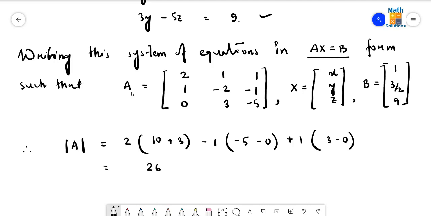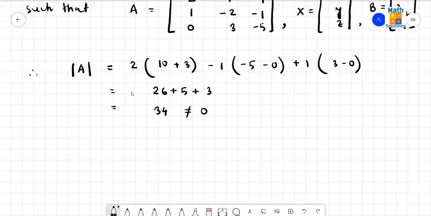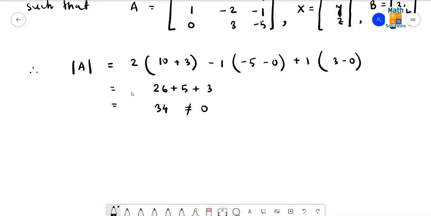It is 26 plus 5 plus 3. So my answer comes as 34, because 26 plus 8 is 34. I get that it is a non-zero term, therefore A inverse exists.